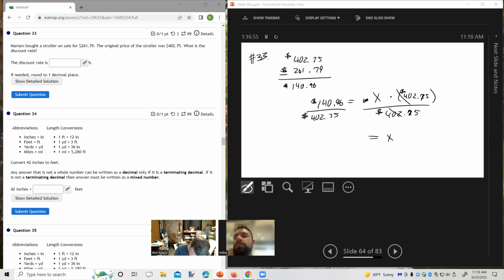So we get 140.96 over 402.75, because we can get rid of the dollar signs, but we have to convert it into a percent. So 140.96 times 100 divided by 402.75. And if needed, round to 1 decimal place, I'm getting 34.999. So that's going to be 35%.